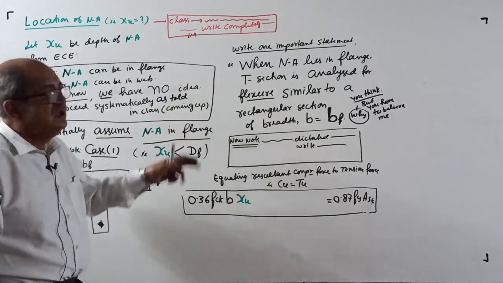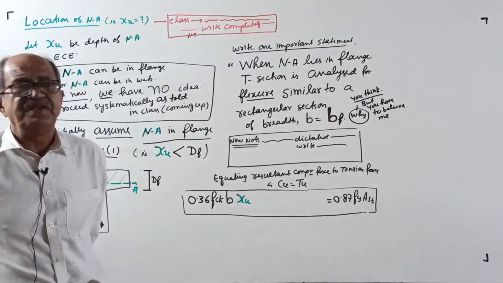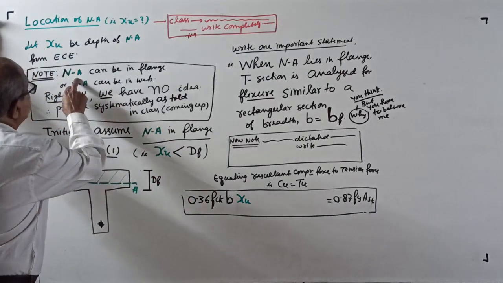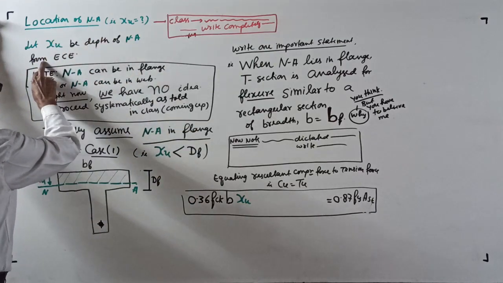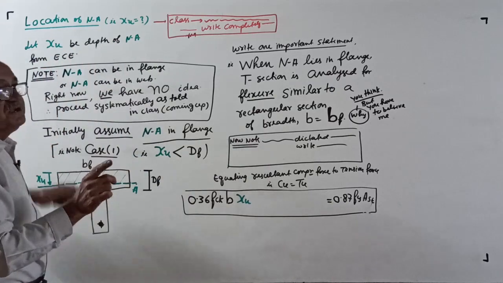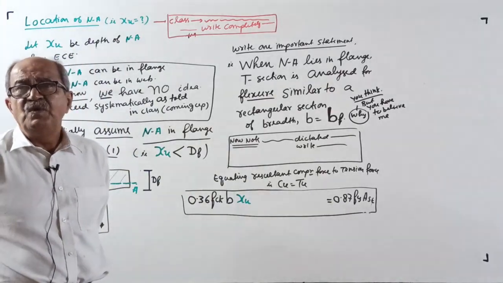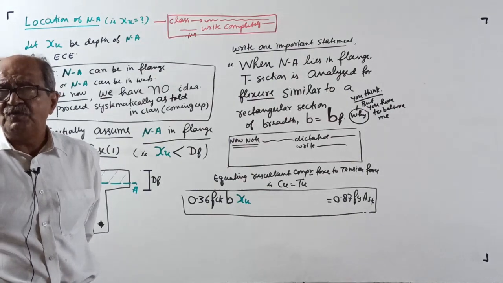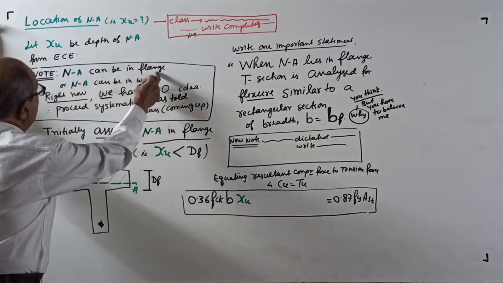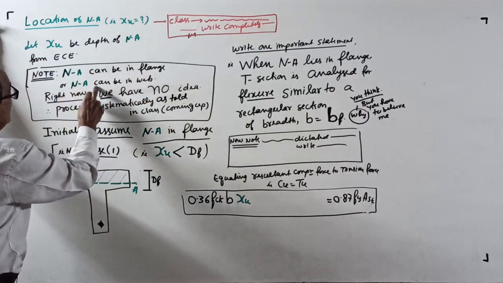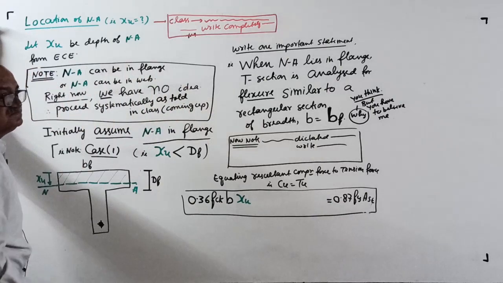Whatever I call a note, if you are solving a question in an examination, don't write those things. We just told, let XU be the depth of neutral axis from extreme compression edge. We still did not consider whether the neutral axis lies in the flange or web. So, note: neutral axis can be in the flange or in the web. Right now, we have no idea.